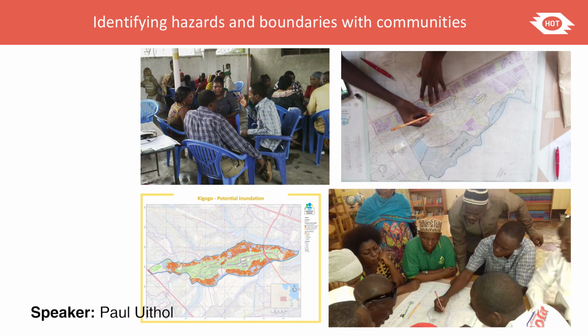And what we found there is that there are official boundaries of the city, of the wards, but these don't really align anymore with reality on the ground as it is now. So indeed, here's the same type of approach that Christine was discussing for REACH, where you work with local communities in focus group discussions and see where their perceptions of boundaries align with official government data and where they don't.